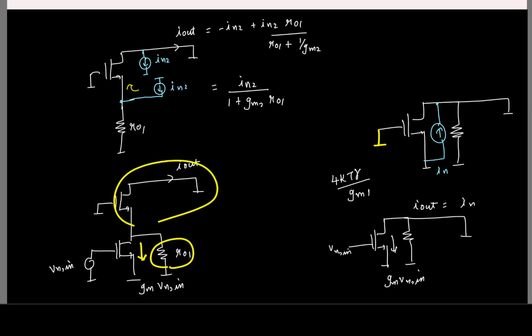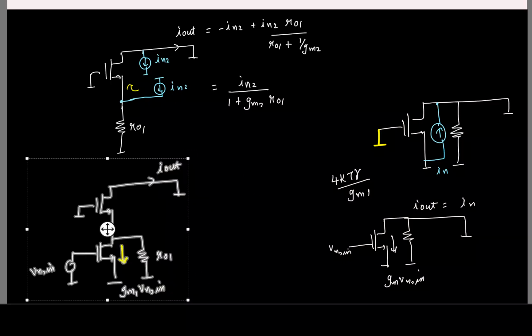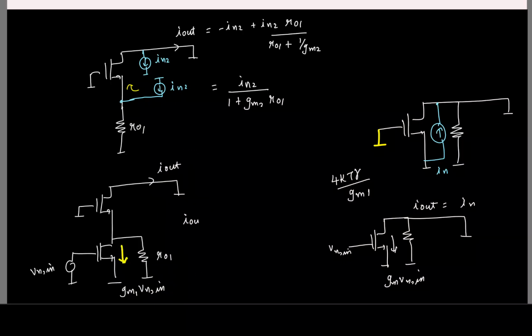Now this current again has to split between these two. So this is, let's say, GM1. So what is I out? This is the current, and that has to split between the impedance looking down, which is R01, and the impedance looking up, which is 1 by GM2.